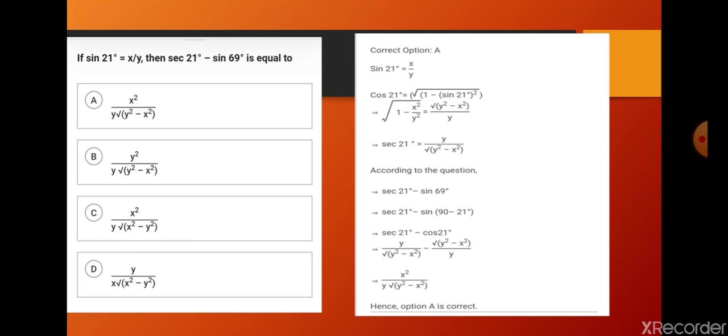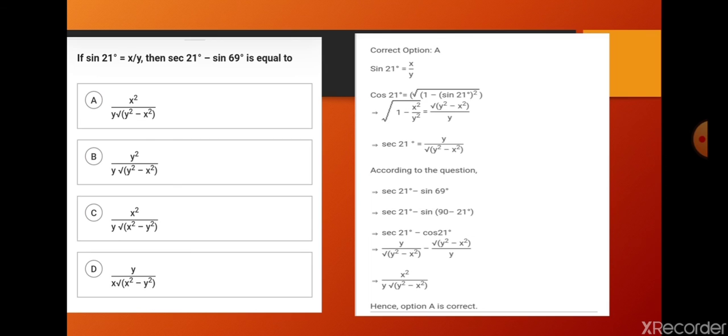Hence, cos 21 degree will become root of (y square minus x square) divided by y. Hence, sec 21 degree is the reciprocal of cos 21 degree, which becomes y divided by root of (y square minus x square).